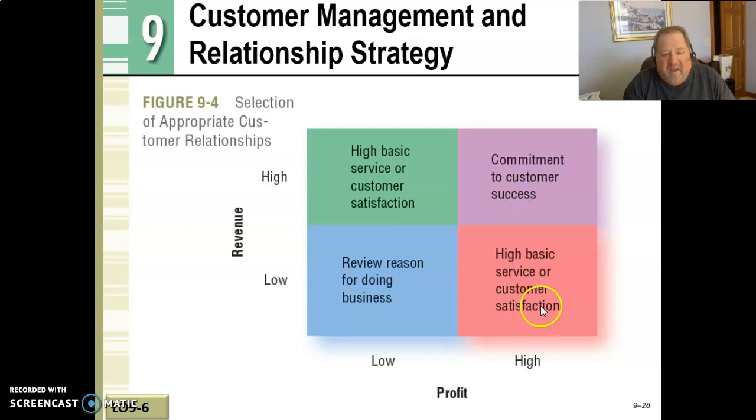The ones that generate low revenue but high profit, probably going to offer them basic service or customer satisfaction. The ones with high revenue but low profit, they must do a lot of volume with you, also probably going to offer them basic service or customer satisfaction level service.